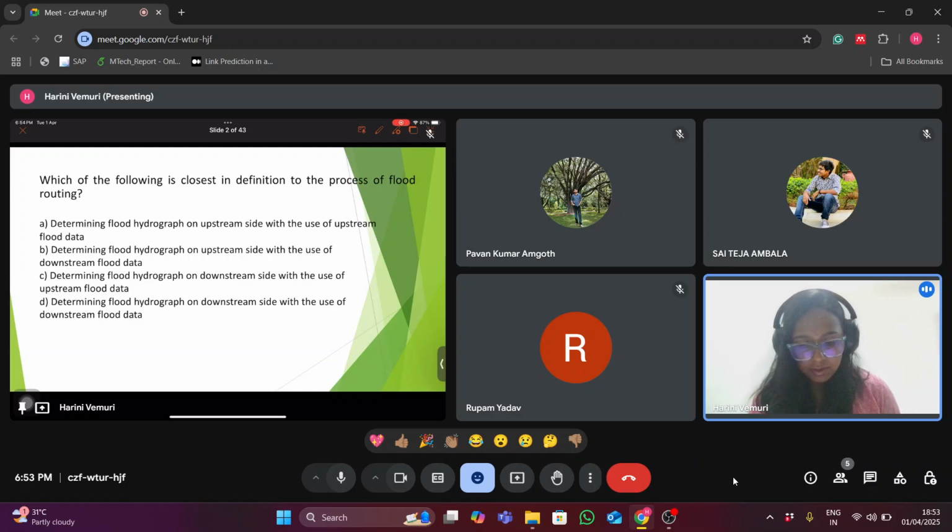Which of the following is closest in definition to the process of flood routing? Option A, determining flood hydrograph on upstream side with the use of upstream flow data. Option B is determining flood hydrograph on upstream side with the use of downstream flood data. Option C is determining flood hydrograph on downstream side with the use of upstream flood data.